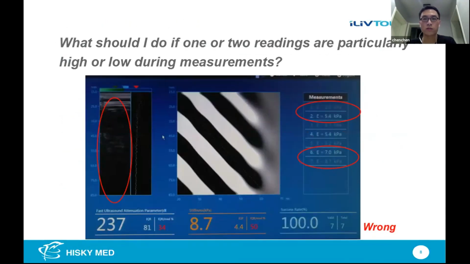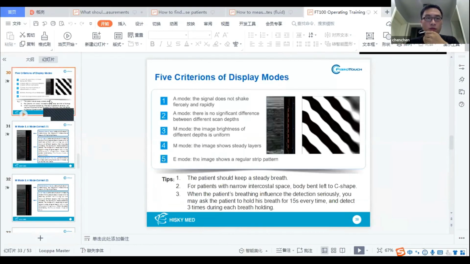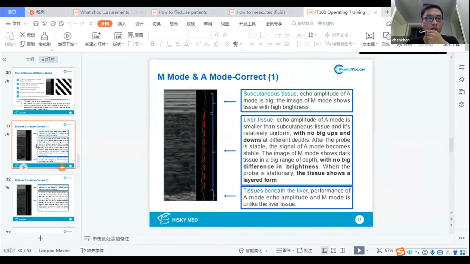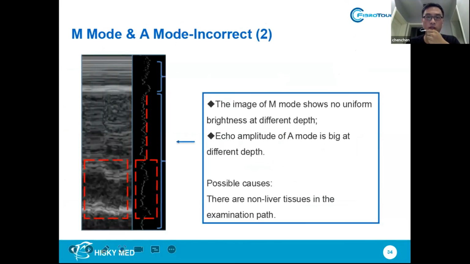The wrong case. At last, I want to emphasize that we have the 5 criteria. If you see this incorrect picture, in the middle of the B mode you can see white lines. That line is non-liver tissue, and then you can see black areas.